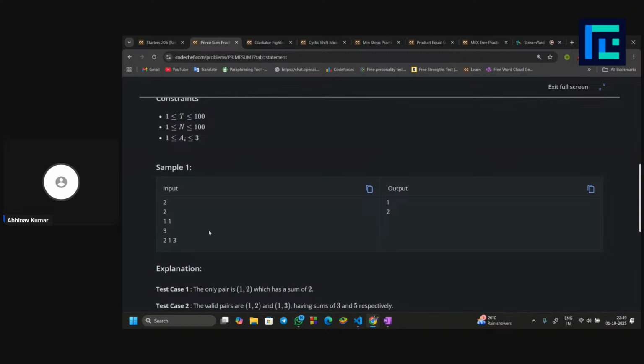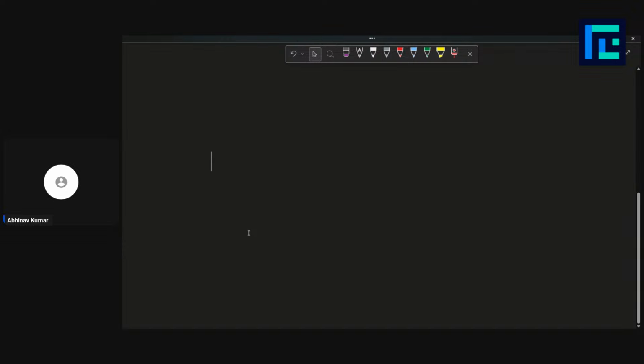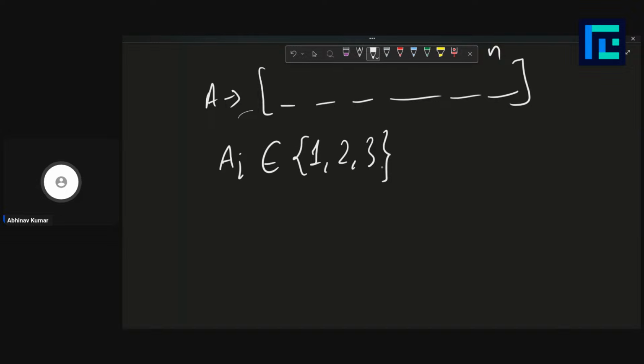Okay, so this is pretty simple if you think. You have an array A given to you which is of length N, and the values in the array are either 1, 2 or 3, only among these. Now you just need to find out whether, if you take any pair of indices from this array, A_i plus A_j is a prime number.